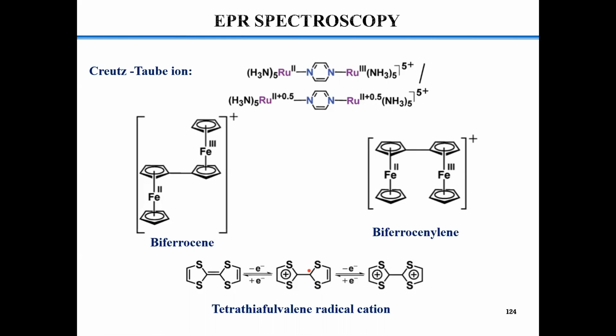I am only trying to give you a very qualitative interpretation without going deep inside: in a mixed valence situation, you have two possibilities. One is the localized configuration, meaning that at a particular instant you can define this metal in this oxidation state and that metal in that oxidation state, one reduced, the other oxidized.